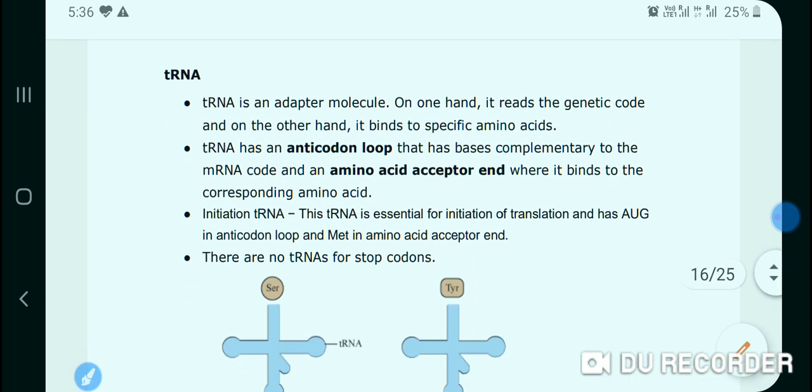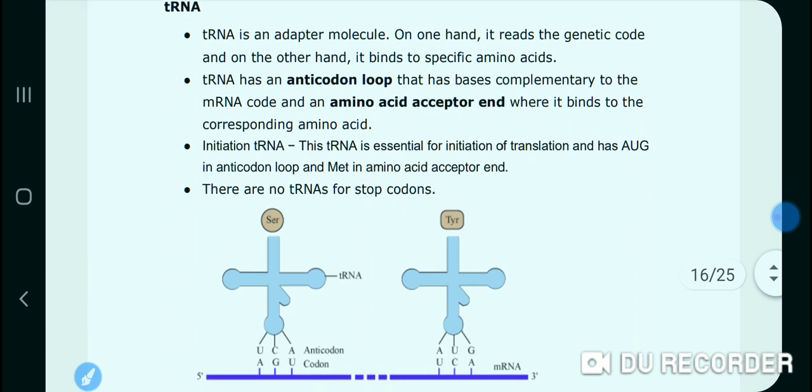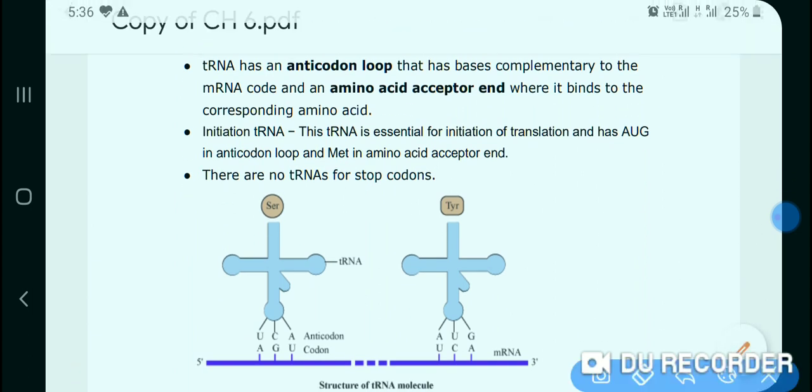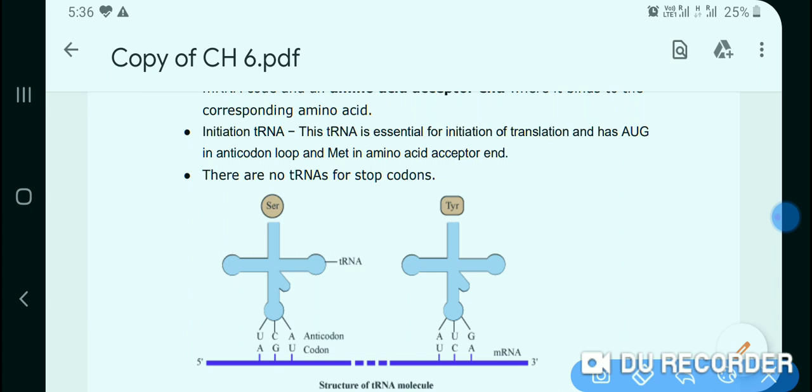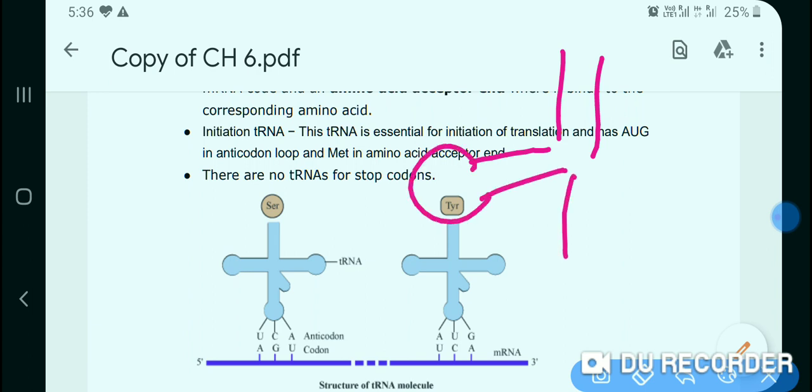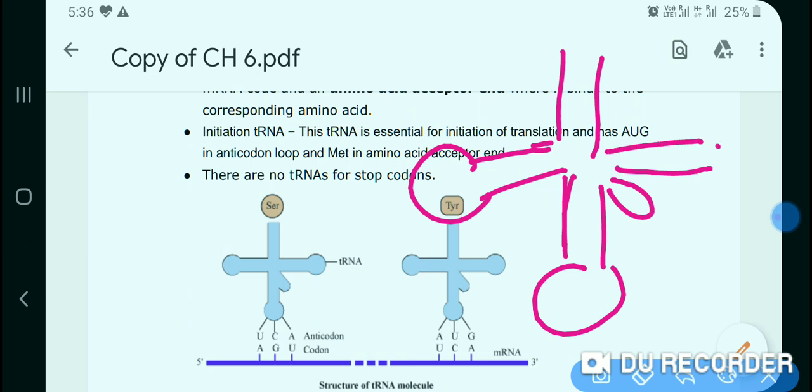Let us see the structure of transfer RNA. You can draw this.